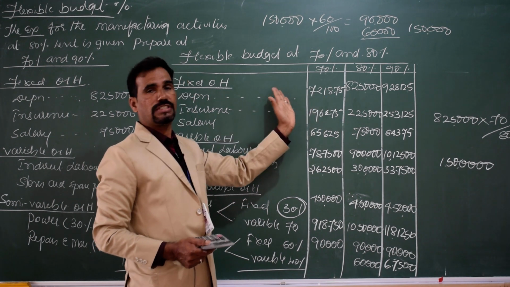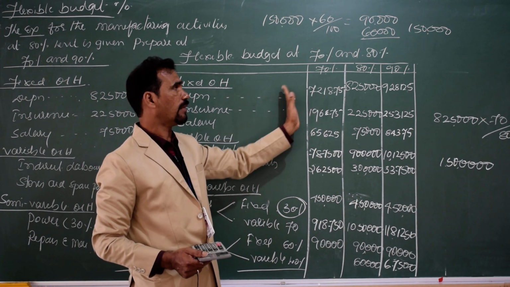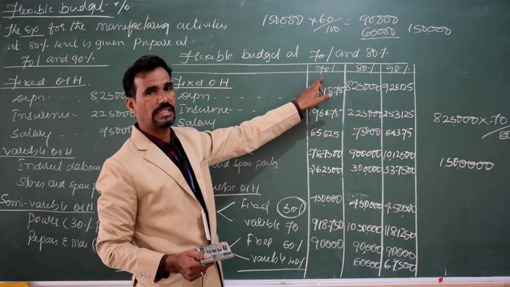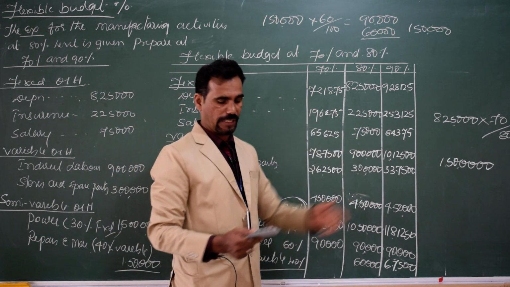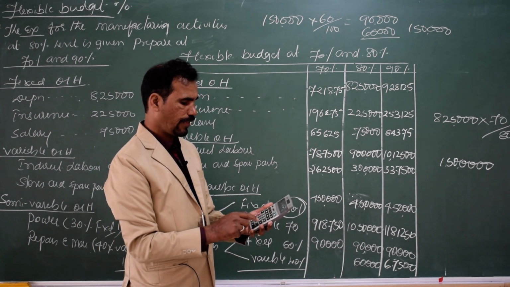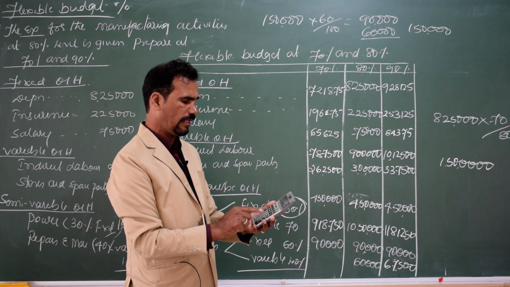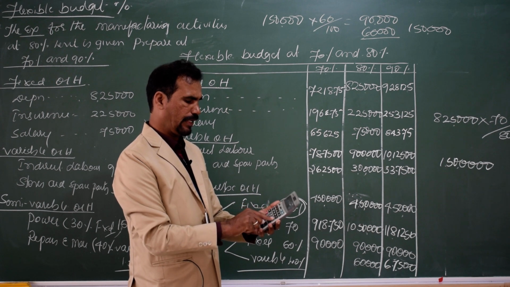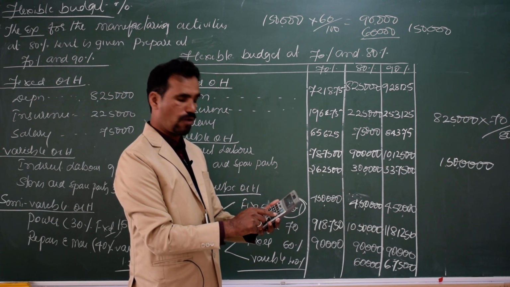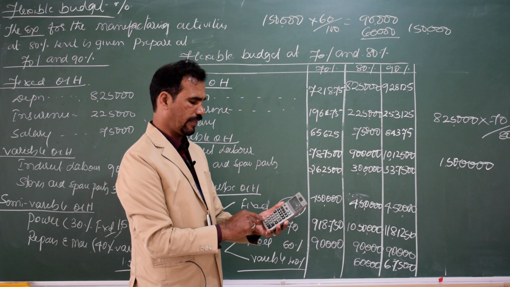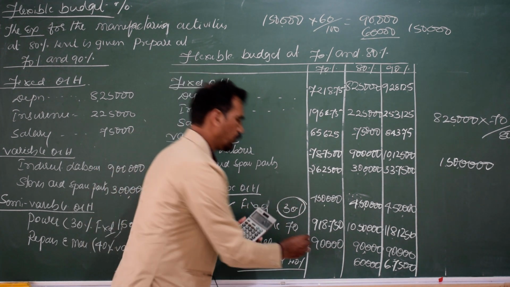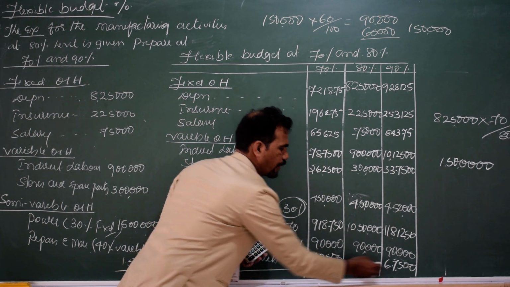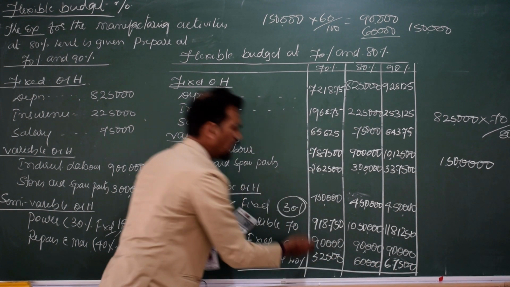For 60% also you can take the percentage and multiply. 67,500 into 70% capacity out of 90% equals 52,500. So the answer is 52,500. This is the total cost.